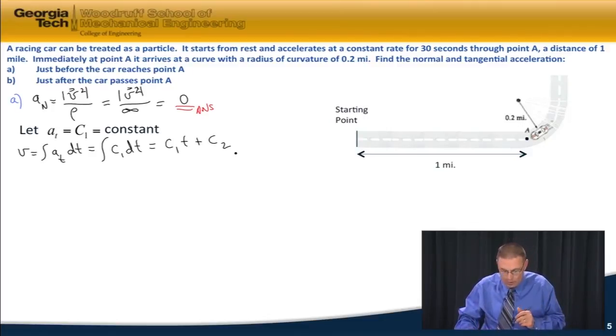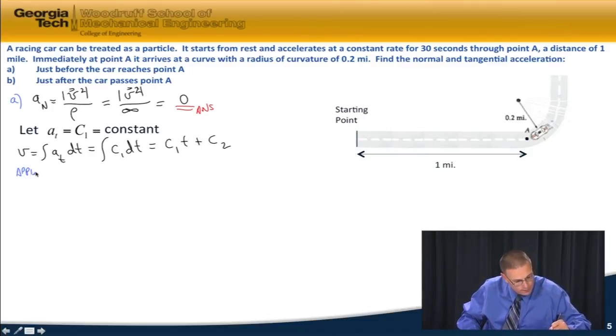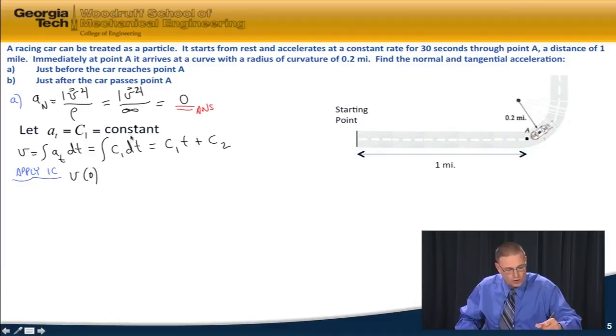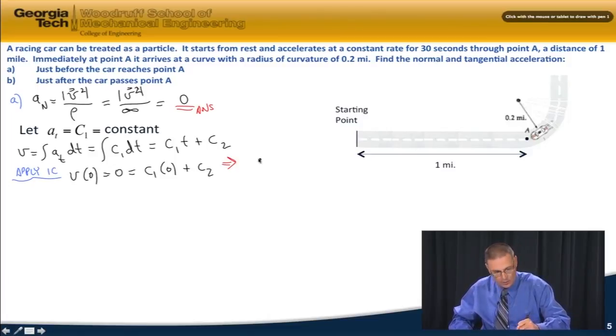The answer should be use the initial condition. And so I'll apply the initial condition, and I get the velocity at 0. It starts at rest, so that's going to be 0 equals C1 times 0 plus C2, or C2 equals 0.